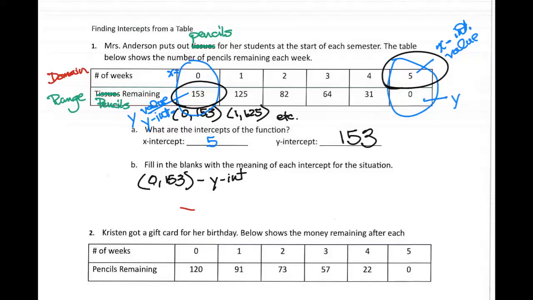Well, what does that mean? When you look at the x-coordinate, we're talking about the number of weeks. If no weeks or 0 number of weeks have gone by, what time of the year is that? It's the beginning of the school year, right? So we can say at the beginning of the school year or at 0 weeks, you can say that too.